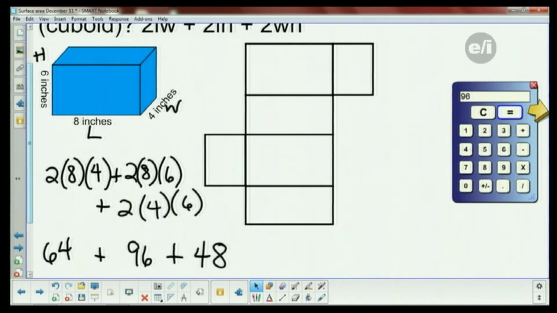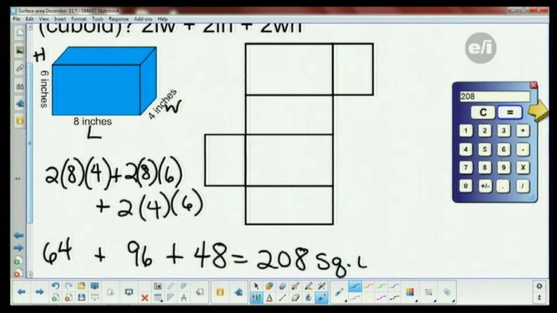So now we just add those up: 64 plus 96 plus 48 equals 208 square inches. And now you could write it like this as well. I want to show you both ways, other than inches squared.